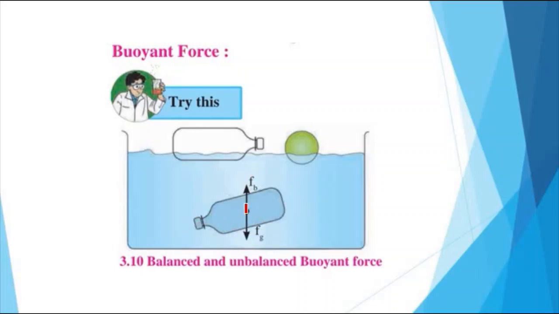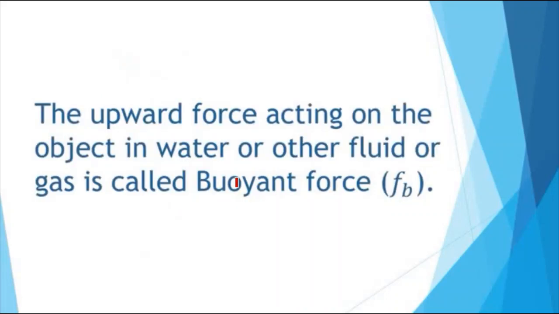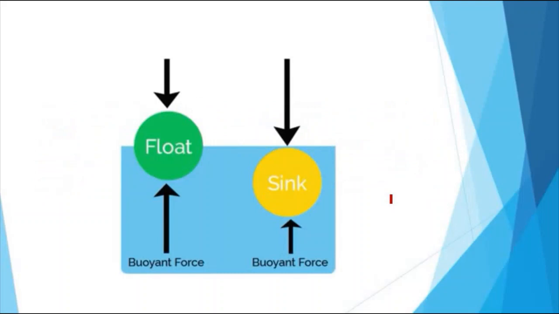So, the upward force acting on the object in water or other fluid or gas is called buoyant force. I repeat, the upward force acting on the object in water or other fluid or gas is called buoyant force.